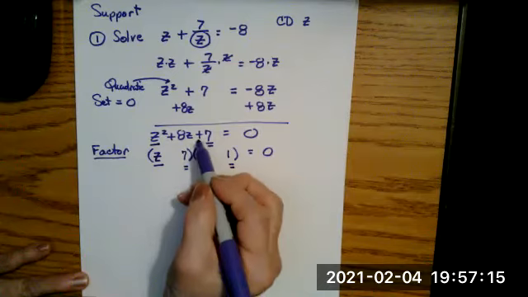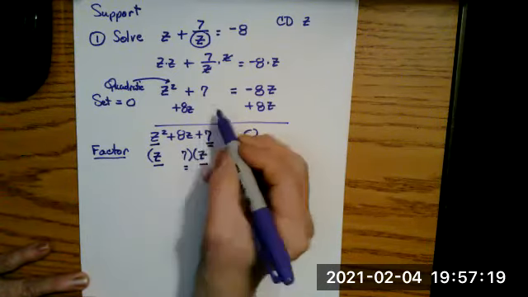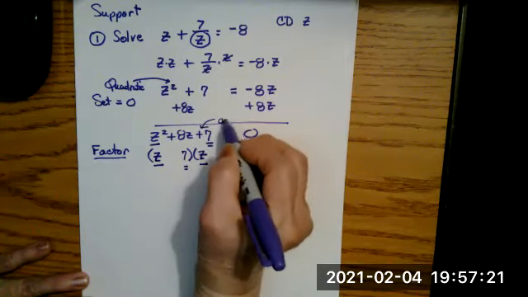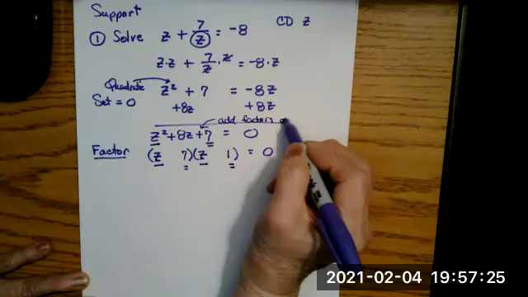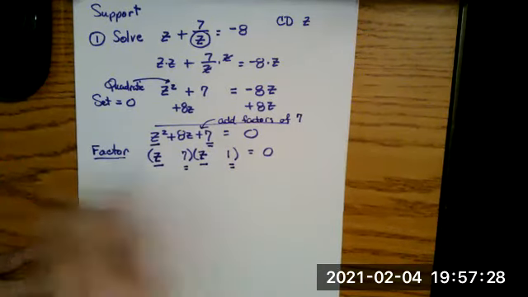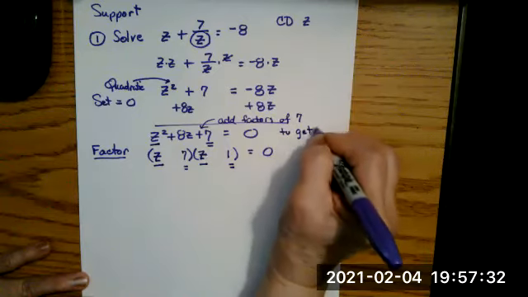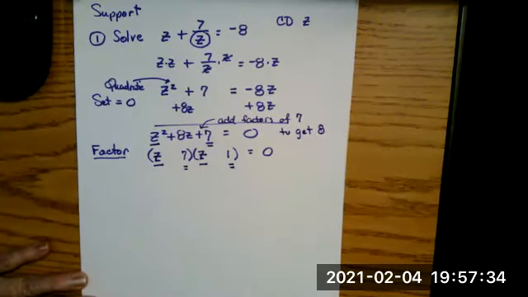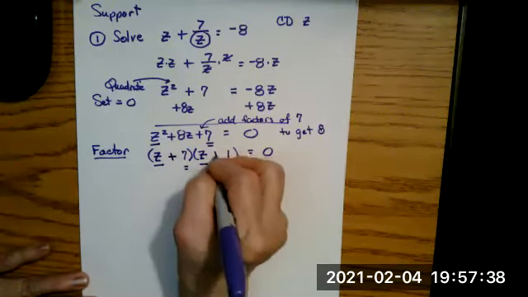Now I have to add factors of 7. That's what that plus means right there. That means I have to add factors of 7 to get 8, whatever is in the middle. Well, I know that 7 and 1 is 8. So all I have to do is add these together.